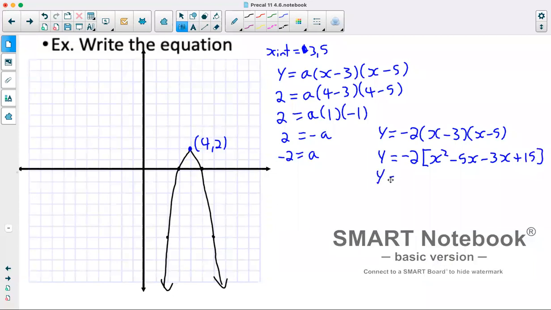We'll combine like terms. So we've got -2 times x squared minus 8x plus 15. And then I will multiply the -2 into it. So we have y equals -2x squared plus 16x minus 30. And that would be our equation in general form.